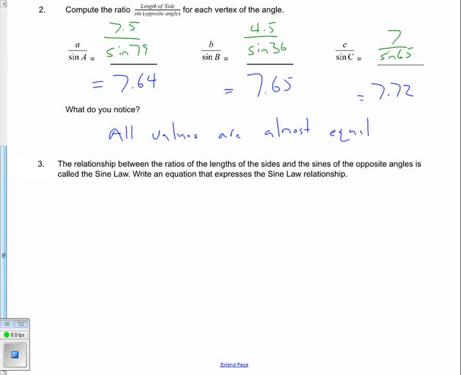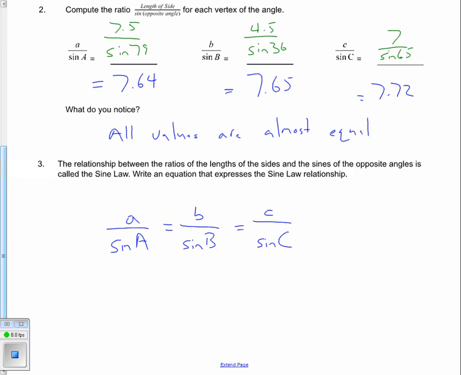And so we can determine what the sine law is from this. The sine law is the length of side A divided by the sine of angle A, equal to the length of side B divided by the sine of angle B, which is equal to the length of side C divided by the sine of angle C. You'll notice that on the top we have a, b, and c in lowercase letters because they indicate side lengths.